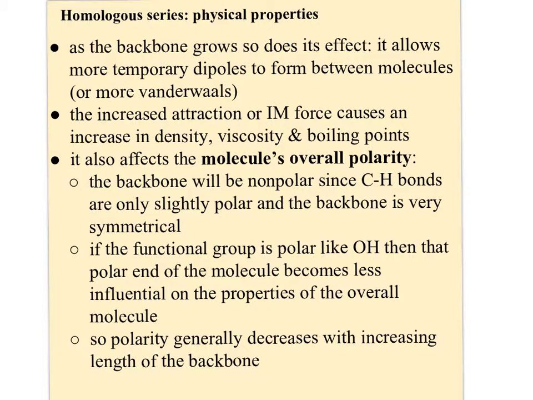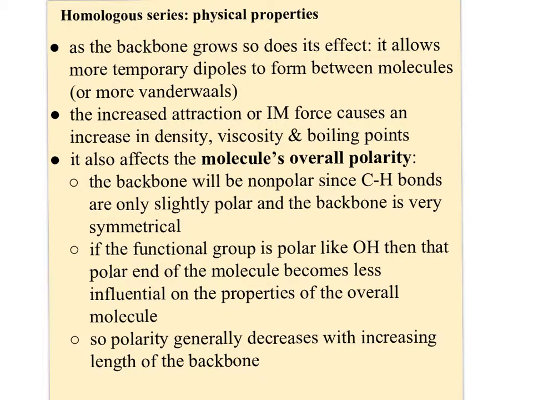Since carbon and hydrogen bonds are only slightly polar and the backbone is symmetrical, overall the backbone portion of any organic molecule is nonpolar. And if the functional group is polar like OH, then that end of the molecule is going to be polar, but the other end is going to be nonpolar.